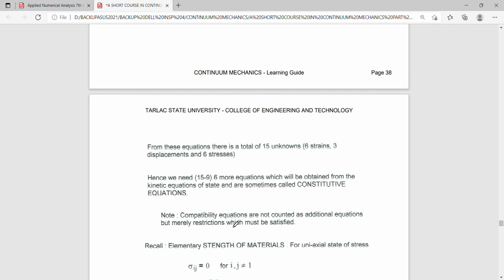And if one or a few of these compatibility equations are not satisfied, then there's something wrong with your formulation. And that's why you need to always check these compatibility equations in that regard. So note, if in case you assume some gaps, let's say some cracks inside the body to have occurred, then still the compatibility equation must prove.